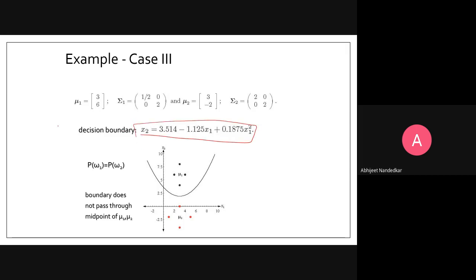Question is, you can note down this: find out the decision boundary between two classes.